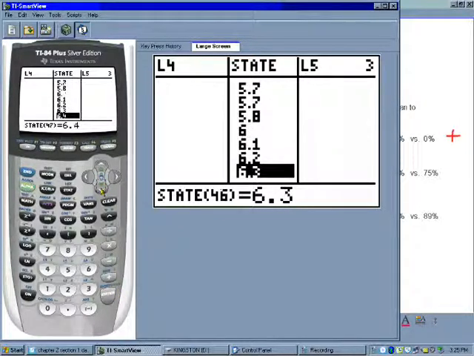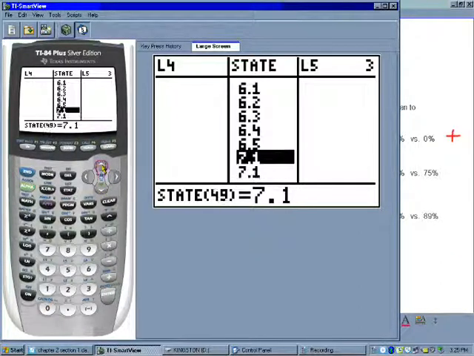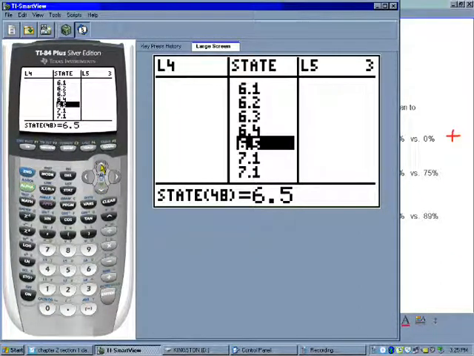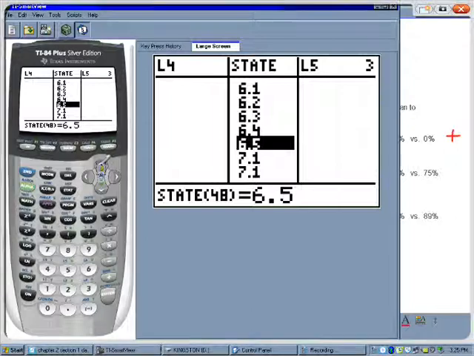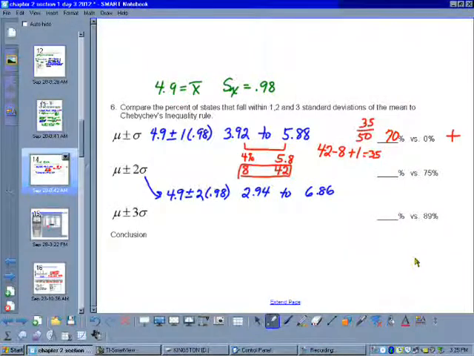I have 6.1, 2, 3, 4, 5. Oh, the 7 one's not going to work, so that's position number 48 that we see right here. And that's the number I will use for that. So this is position number 48. And I want to know what my first position is.